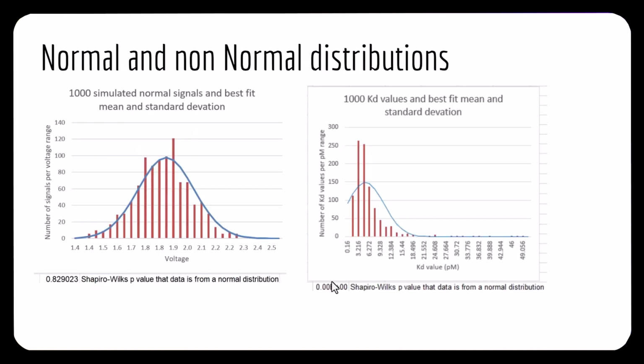Okay, so now let's look at the distributions that we have. This is a simulation. I simulated 1,000 Sig 100 levels and added Gaussian distributed random noise to each one. This is my histogram of those 1,000 values, and overlaid on top of it is the best fit normal curve based on the mean and standard deviation of the data set.